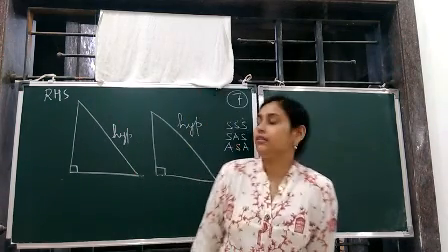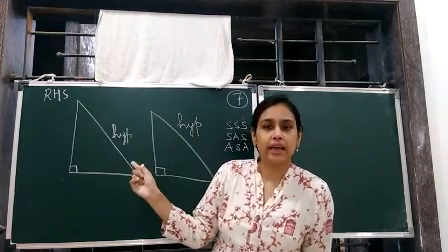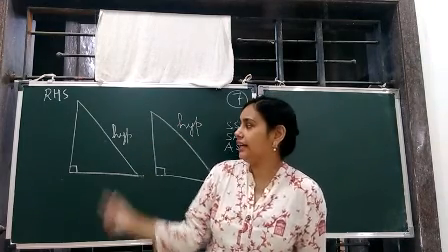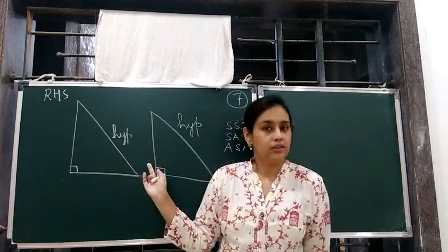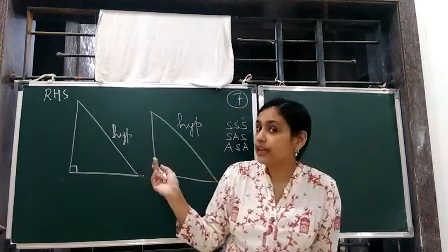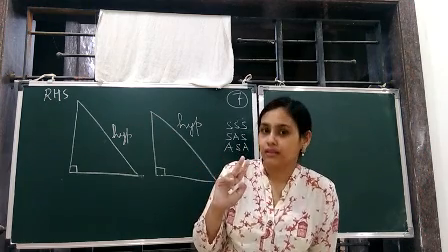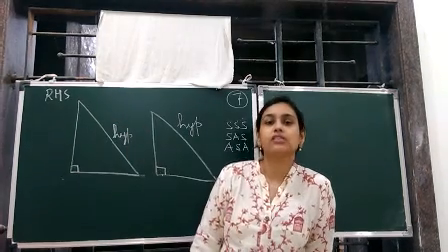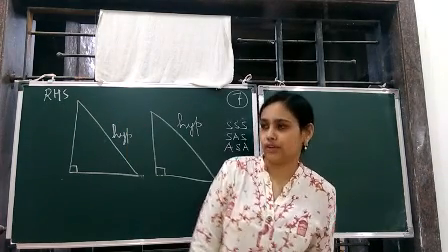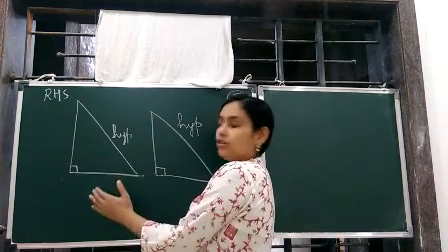Once again, if the hypotenuse of the two triangles is equal and any one corresponding side of the right angle is equal, then the two triangles are said to be congruent by the RHS congruency rule, that is right angle hypotenuse side rule.